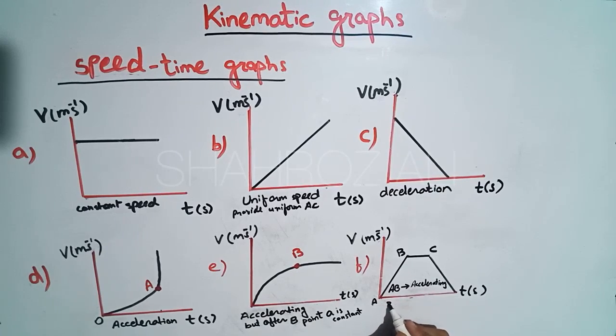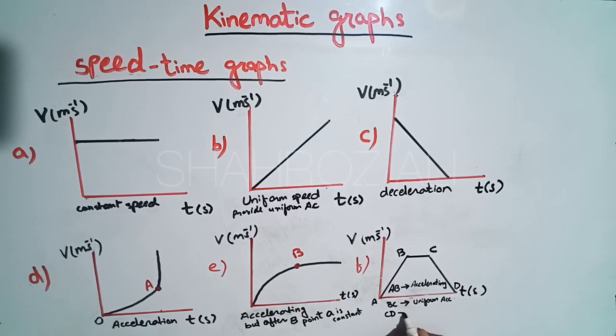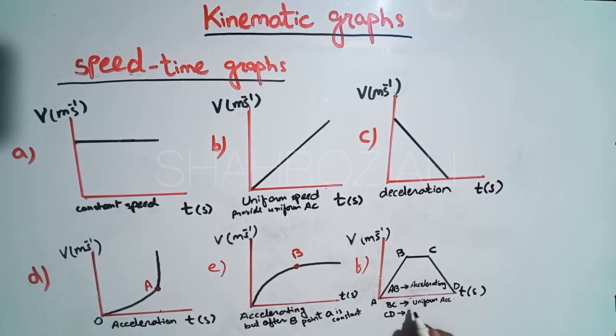From B to C, it is moving with uniform acceleration or constant speed. And from C to D, the fourth point, this line is showing deceleration.